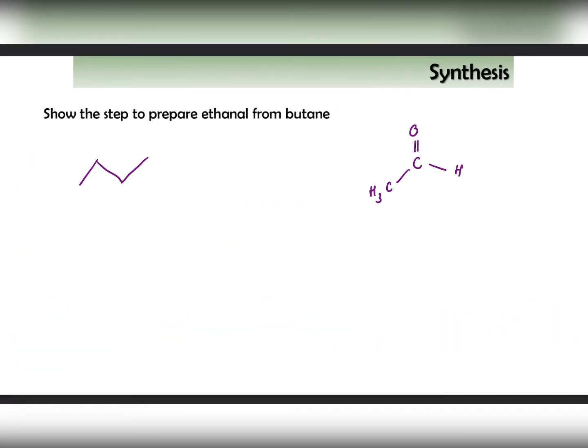Okay, so for this example, show the step to prepare ethanal from butane. So kita lukislah dulu butane and ethanal. Okay, so macam mana nak prepare this? Right, so from your butane, kita boleh jadikan dia dulu. So kalau kamu tengok dekat sini, ini 4 karbon, ini hanya 2 karbon.